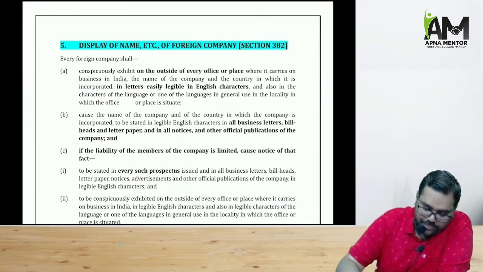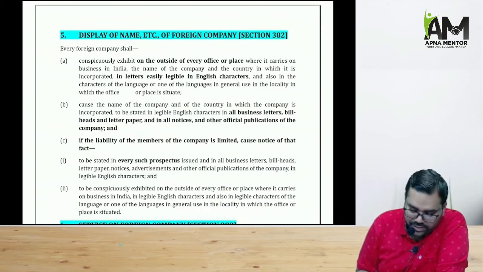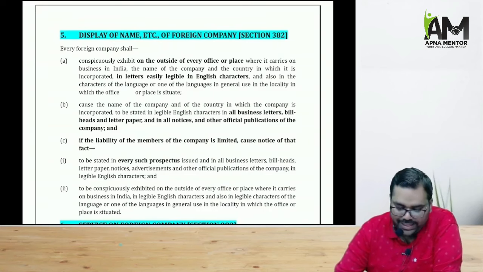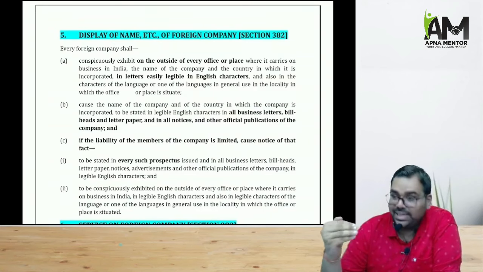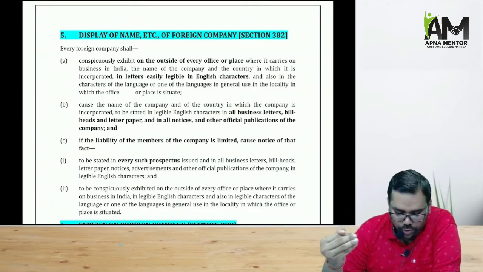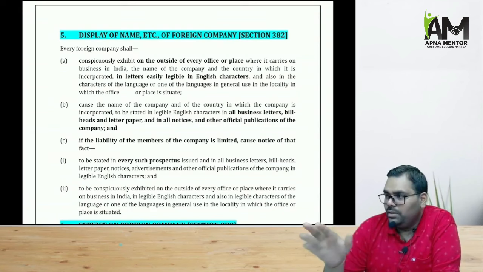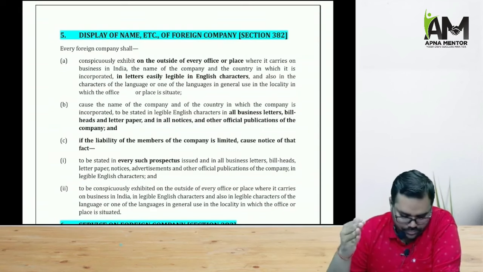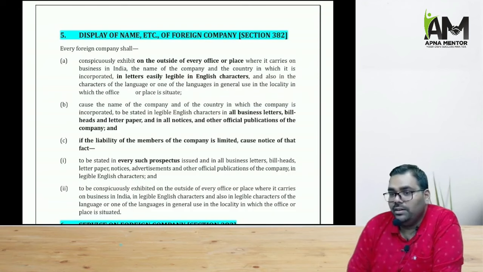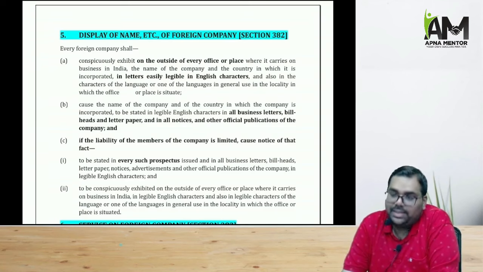In letters easily legible in English characters, and also using the language of the general locality, whichever is the local language, in which the office is situated. Let us say the office is situated in Karnataka. Then it will be written in the local language of Karnataka, and in English it will also be written.